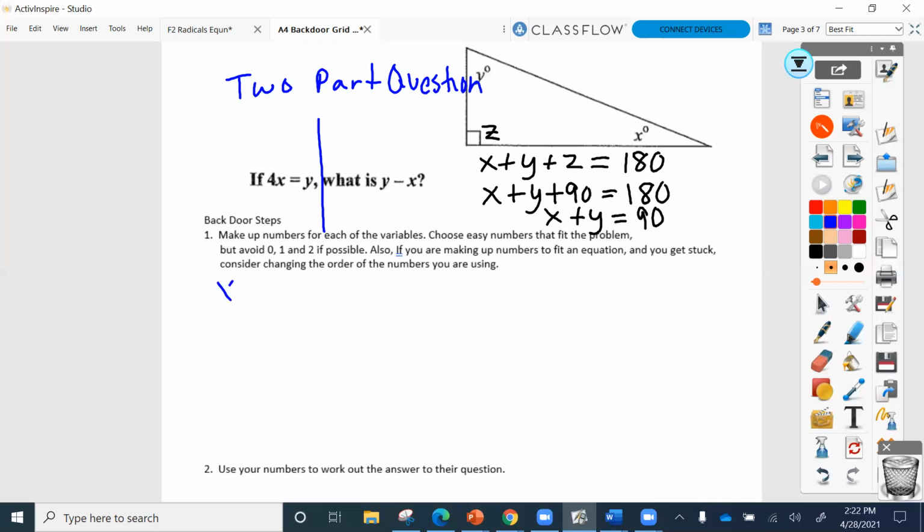So let's see. We have to make up numbers for possible x's and y's. And the condition as we make up the numbers is that 4x must equal y. All right, so, and we have to remember that x and y has to equal 90.